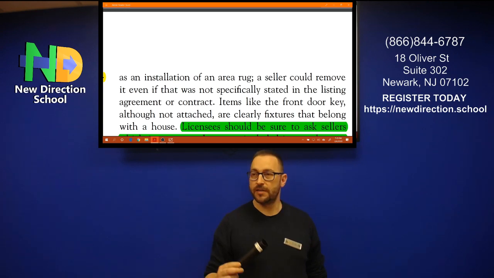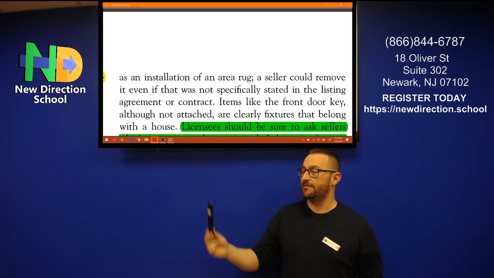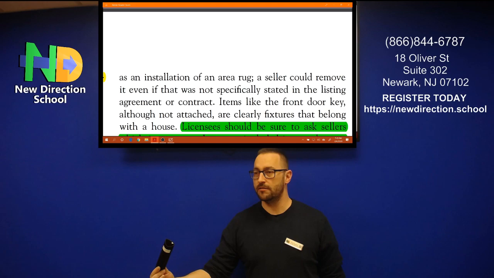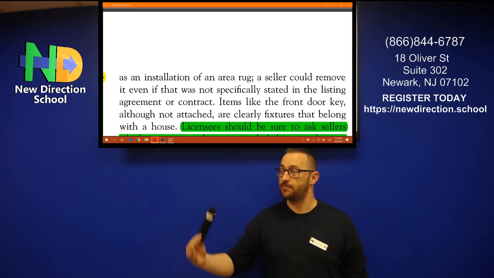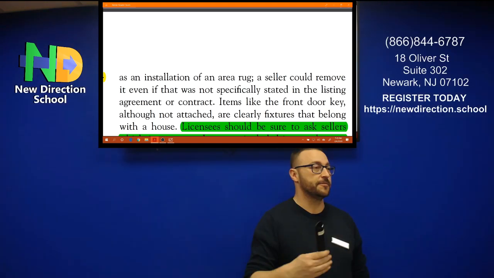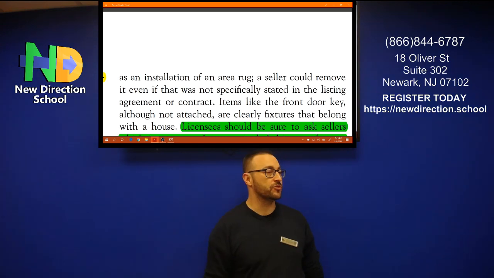Why? Because it belongs to the TV in this case. The front door key, which is the best example, but it's what I have right now, belongs to the lock of the door of the real estate. Therefore, even though it's movable, it's actually a fixture. That key is real estate.